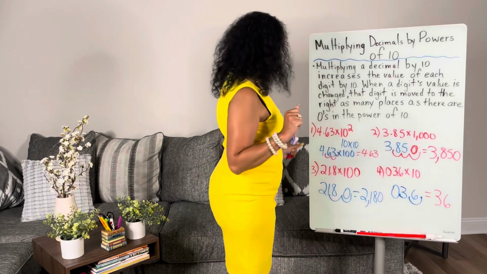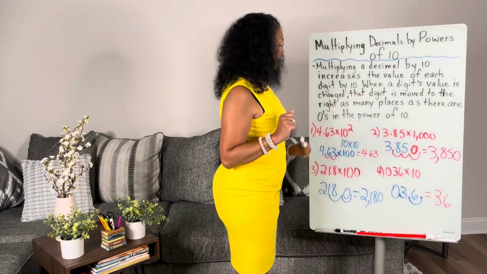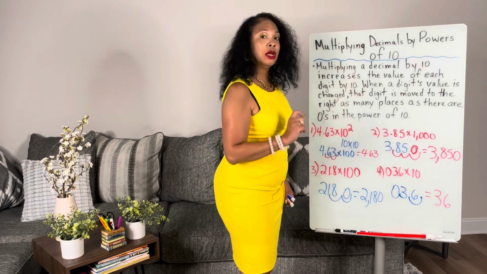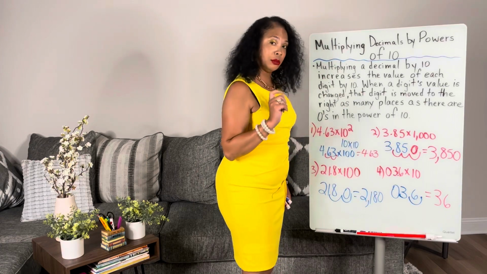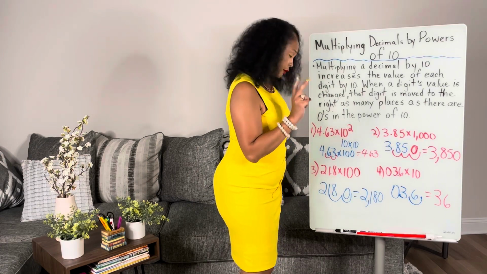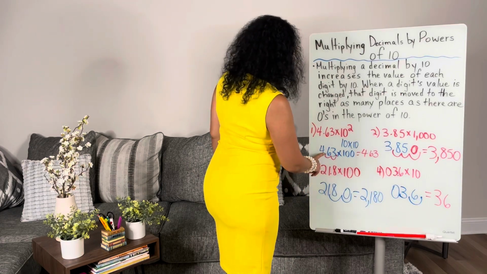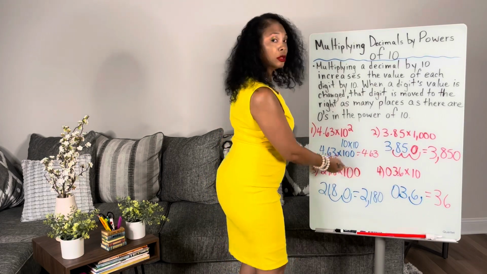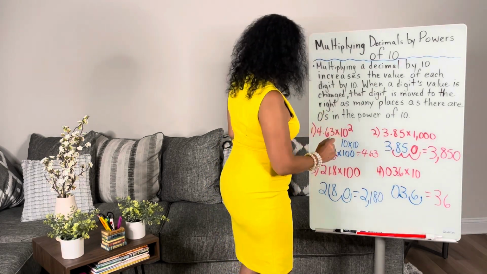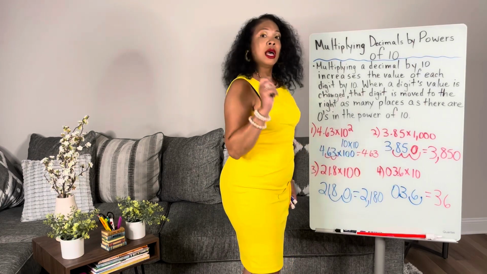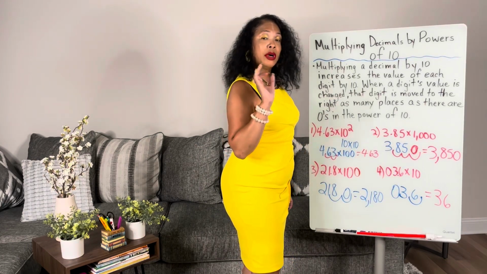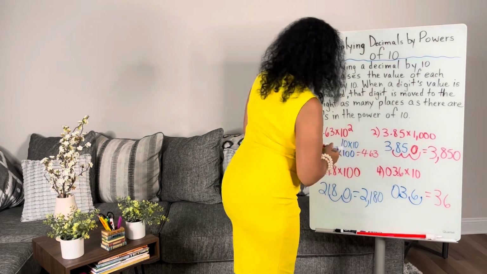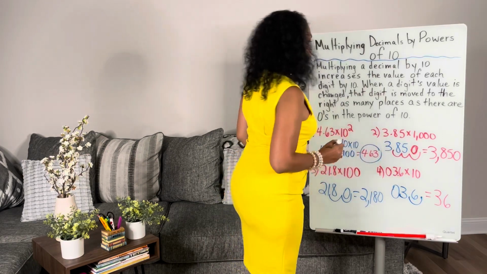So let's look at our first example. 4 and 63 hundredths, when we multiply by 10 to the second power, it told the decimal how many times to move, which was 2 times, right? So 2 times we moved 1, 2, because there's 2 zeros in that 100. All right? And when we moved it 2 times, our value changed from 4 and 63 hundredths to 463. So we are going to circle that final answer, right?